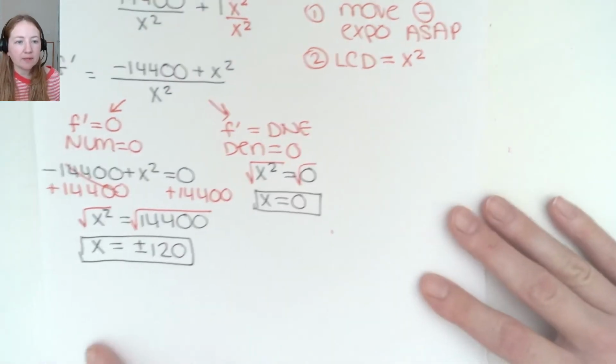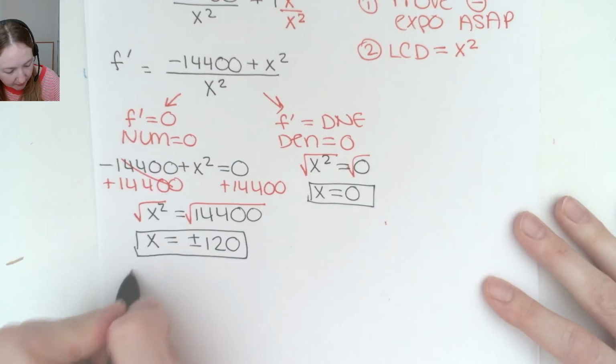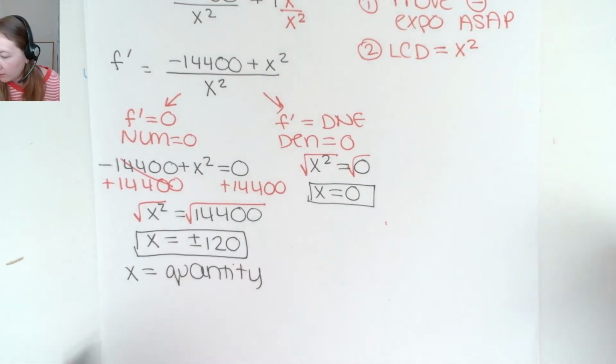All right, if you were just going mechanically through this process, you would say there are three critical numbers: plus or minus 120 and 0. However, remember that x represents a quantity. It represents the production level that we are at. Now again, they don't tell you what you're producing, but they do tell you that x is the quantity that you're producing.